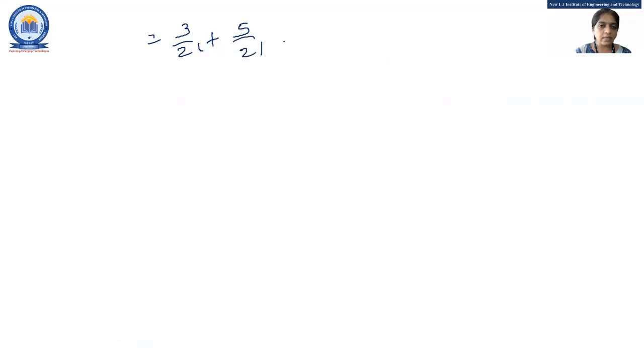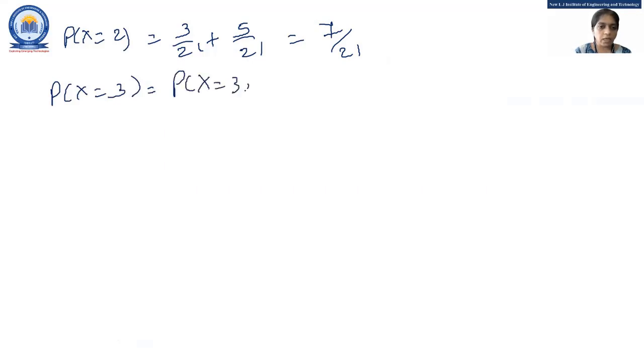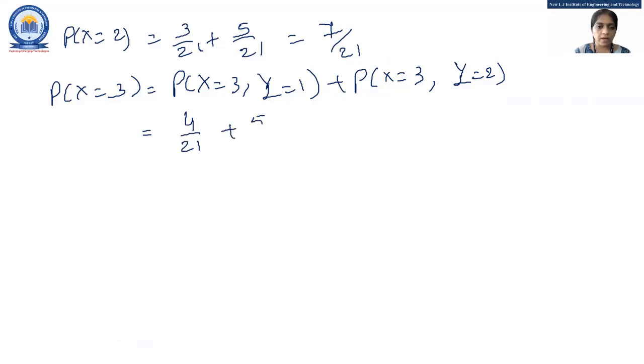So my answer is 7 by 21, and this is the answer of p of x equal to 2. Next, p of x equal to 3, and that is p of x equal to 3, y equal to 1, and p of x equal to 3, y equal to 2. So my answer is 4 by 21 plus 5 by 21. So final answer is 9 by 21.